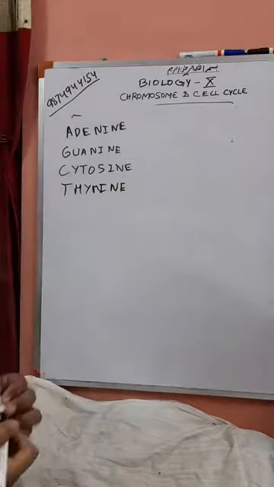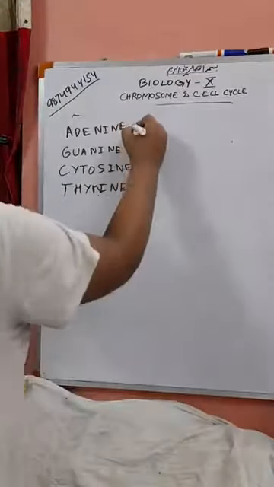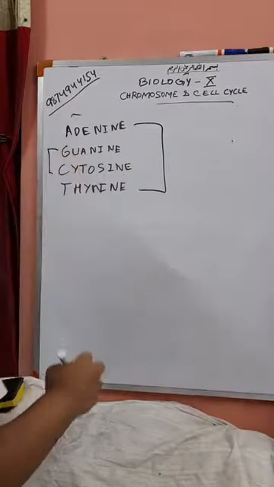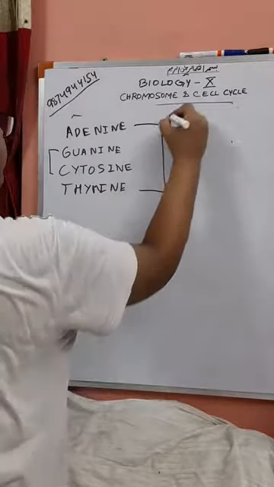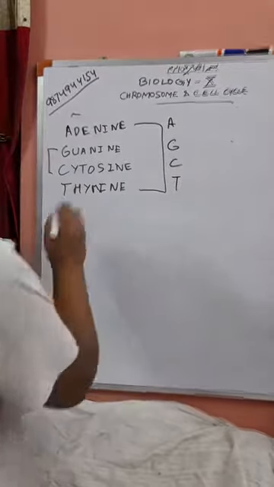Now, this type of question might be asked in diagram-based questions. Adenine will combine with thymine, guanine will combine with cytosine. They are represented as A, G, C, and T in diagrams.